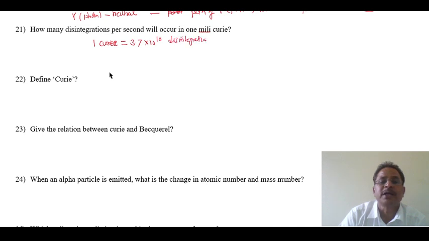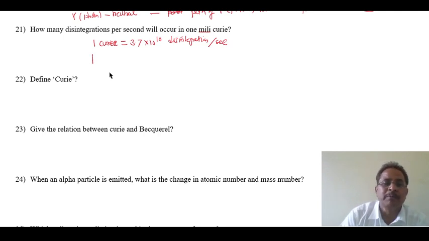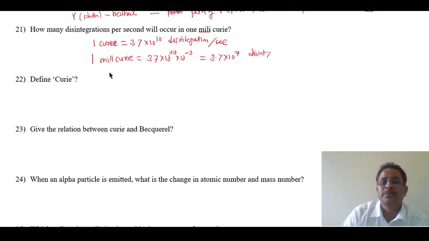If a radioactive sample gives this number of disintegrations per second, we say the activity of that sample is 1 curie. Therefore 1 millicurie means one-thousandth of this, so we multiply by 10^-3, or divide by 1000, and we get 3.7 × 10^7 disintegrations per second. That is how we can define this.